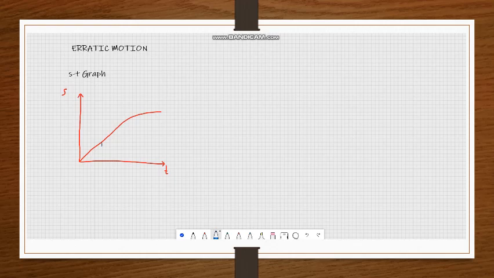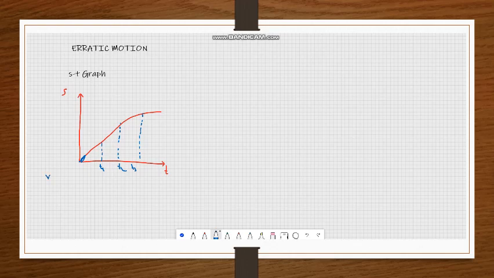At T1, let's say our position is at this point, at T2 the position of this point, and at T3 we know that we can easily read these graphs, right? Here when we correspond this kind of graph, we need to take a tangent.